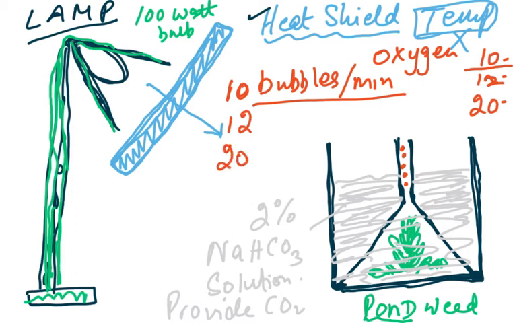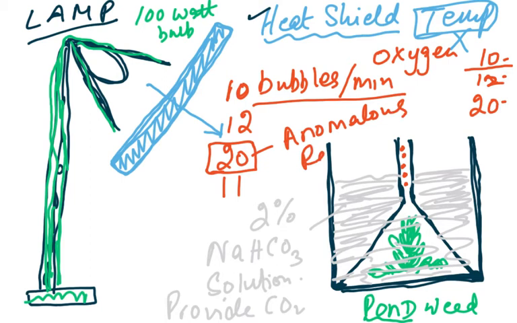Now, if the next one is 11 bubbles per minute, you know this one is wrong. And this is called an anomalous reading. Anomaly means there's some sort of mistake.